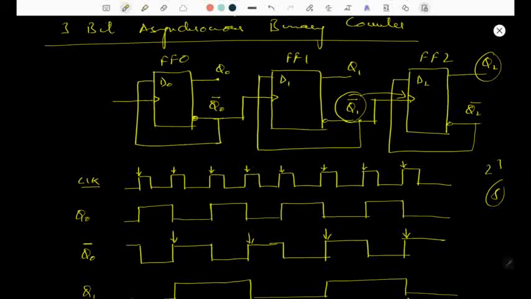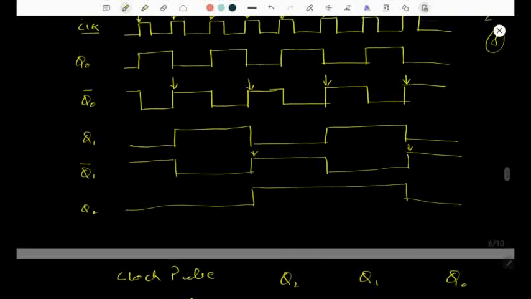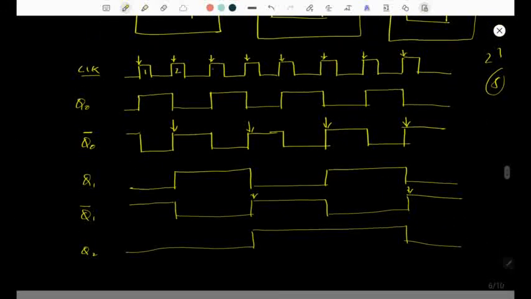Let's draw the truth table for this. Clock pulse, and let's take Q2, Q1 and Q0 like this. Initially all these are 0 0 0. When the first clock pulse was given, Q0 becomes high, Q1 low, Q2 low.